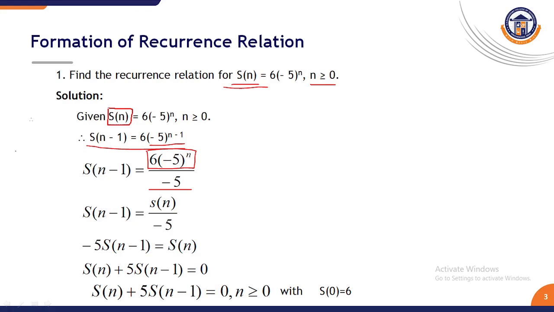So replace s of n here. Therefore s of n minus 1 equals s of n divided by minus 5. Its reduced form is s of n plus 5 into s of n minus 1 equal to 0, which is the required recurrence relation for the given function with the initial condition s of 0 equal to 6. This can be obtained by replacing n equal to 0 in the given relation.